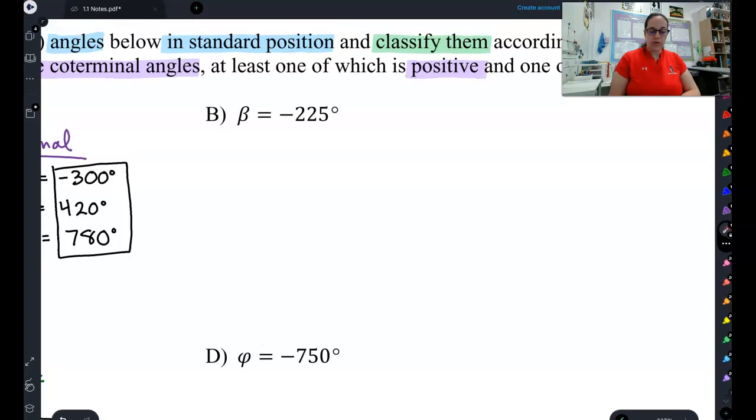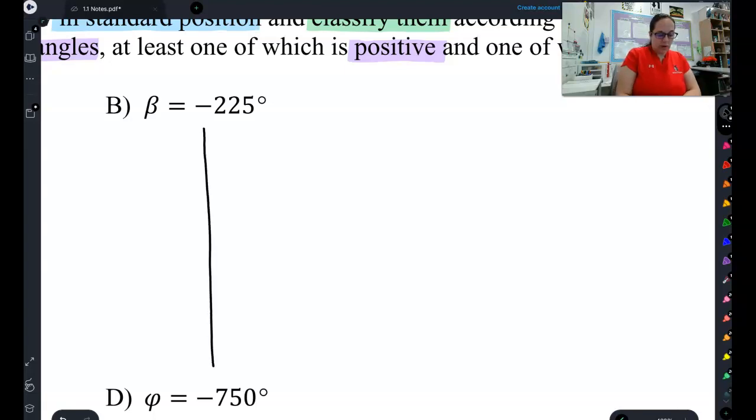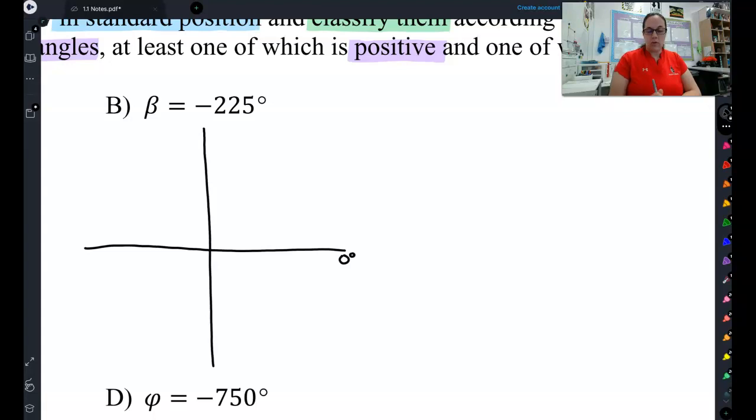Let's come over here and try negative angles. One difference in this one is, remember that if we're graphing a negative angle, we're now going clockwise. So when I label these different angles on this coordinate grid, I'm going to go clockwise and label them negatively: negative 90, then negative 180, negative 270, negative 360.